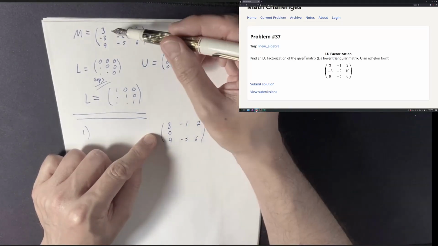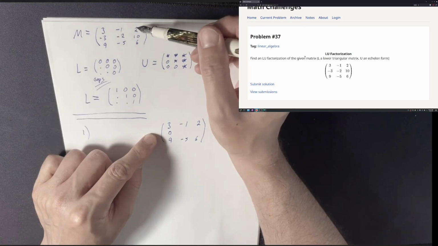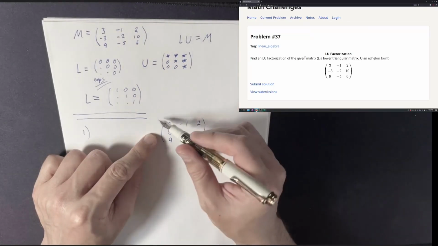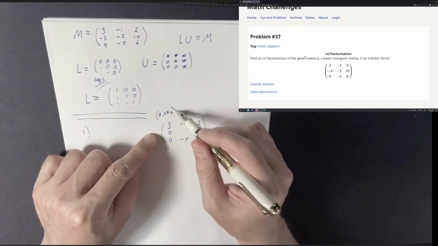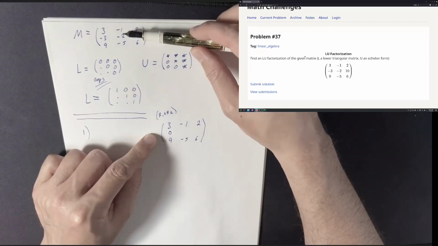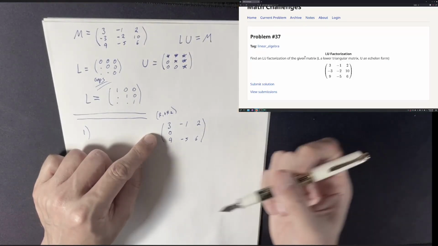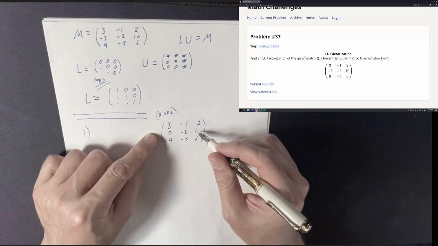So what I'm doing is 1 times row 1 plus row 2. Row 1 plus row 2 is the operation that I'm doing to get this. So if we did -1 plus -2, you'd get -3, right? If we do 2 plus 10, we get 12.